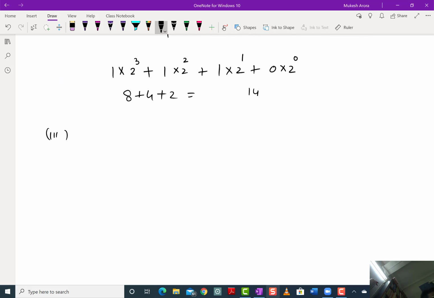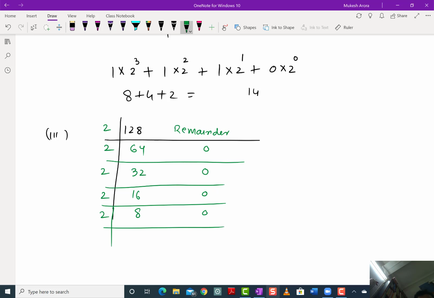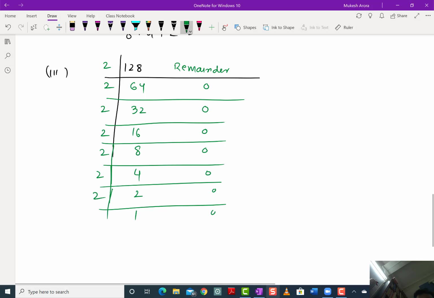Question 3, it is 128. Divided by 2, 64, remainder is 0. Divided by 2, 32, remainder is 0. Divided by 2, 16, the remainder is 0. Divided by 2, 8, remainder is 0. 8 divided by 2, 4, the remainder is 0. 4 divided by 2, 2, remainder is 0. 2 divided by 2, 1, the remainder is 0.